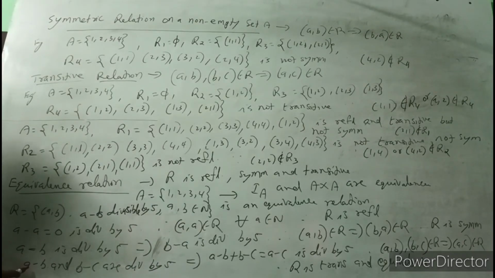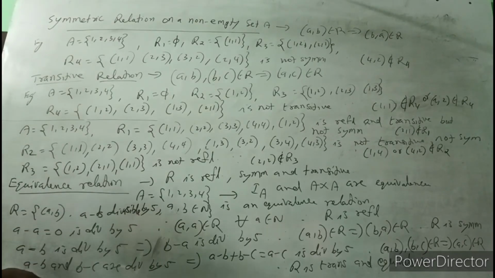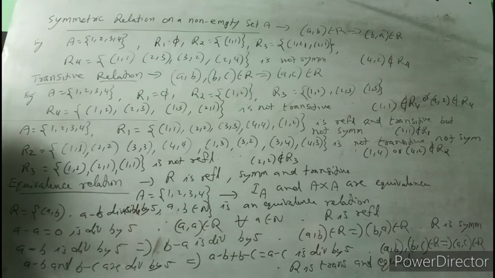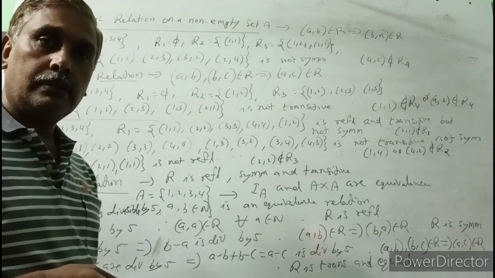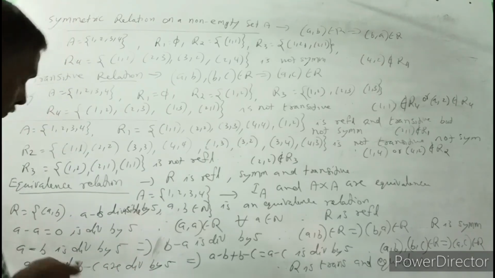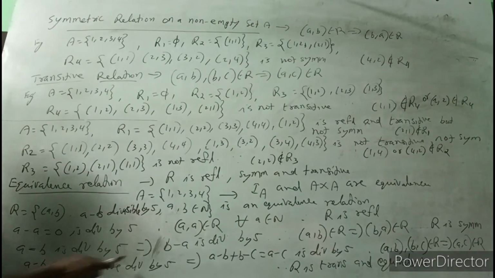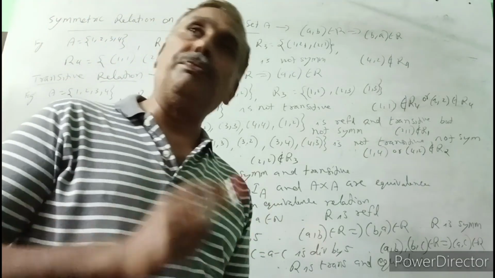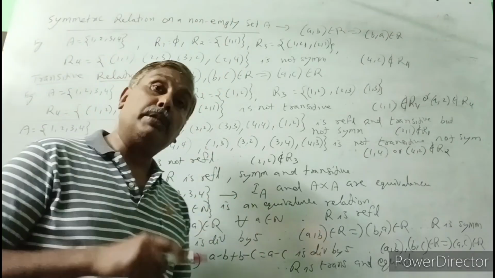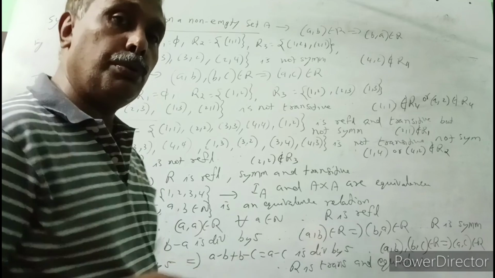Let's see transitive. a minus b, b minus c, two consecutive elements: (1, 6) and (6, 11). Both are divisible by 5. So their sum, for example 10 and 15: 10 is divisible by 5, 15 is divisible by 5, and their sum 10 plus 15, 25, is also divisible by 5.